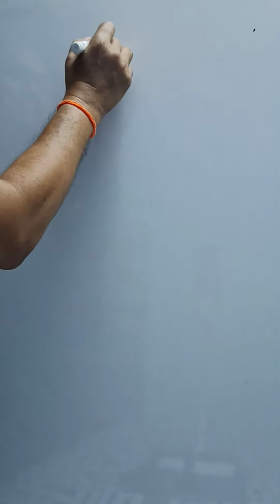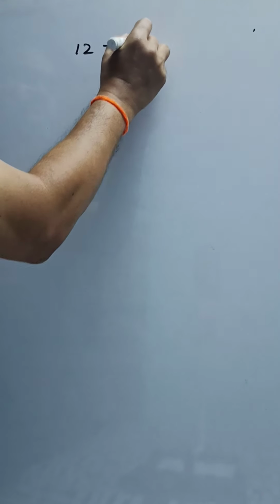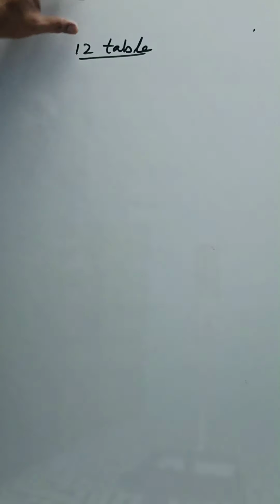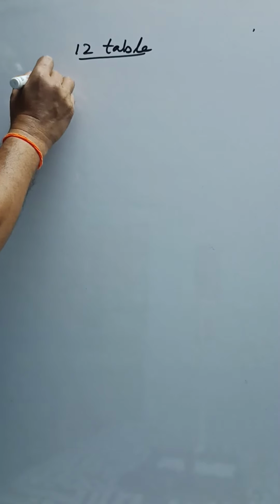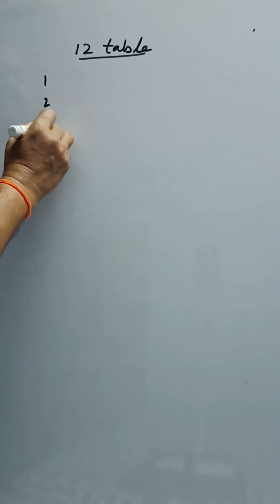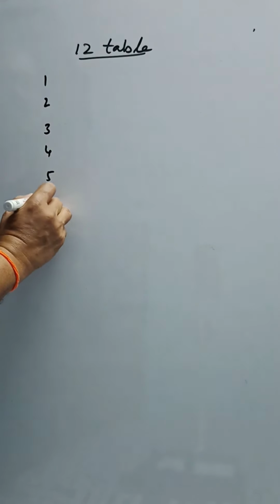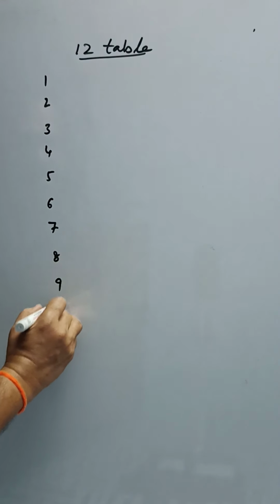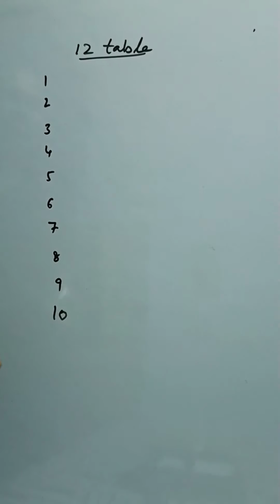12th table. Again in the 12th table we have two places, 2 in the ones place, 1 in the tens place. So write one table and two table. One table we know very well. 1, 2, 3, 4, 5, 6, 7, 8, 9 and 1 tens are 10.